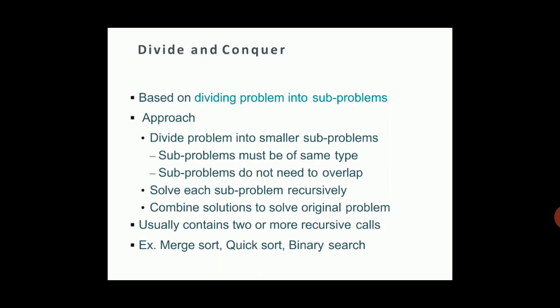Sub problems must be of the same type, that means we do not change the type of the problem, and they do not need to overlap, that means one sub problem should not overlap another. Then solve each sub problem recursively, and combine the solutions into the original problem solution.